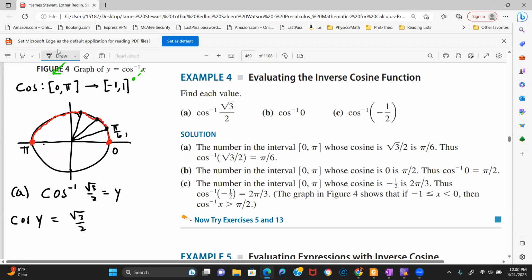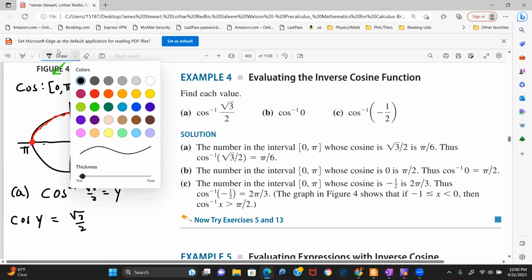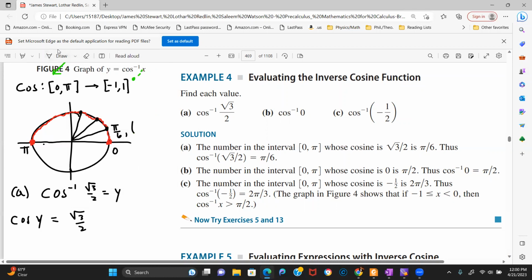And recall the coordinates of this are root 3 over 2, 1/2. So you can see that y has to be pi over 6.